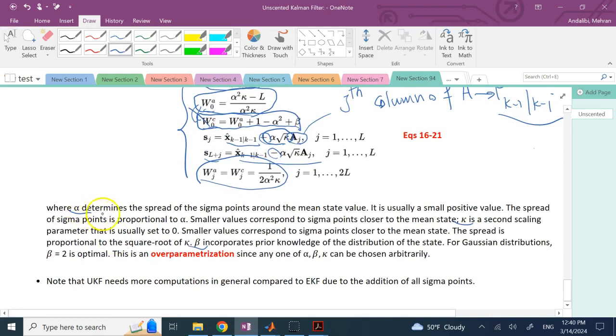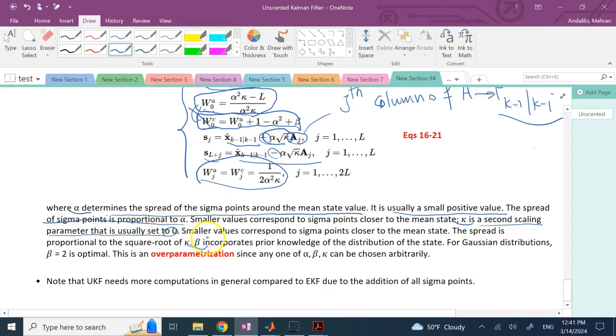Okay? So alpha here determines the spread of the sigma points around the mean. Typically, we pick a very small positive number, and the spread of these points is proportional to alpha. So if you make alpha 2 times bigger, you're going to have twice bigger spread. Kappa is another secondary scaling parameter, which we typically pick as 0 or very small numbers.